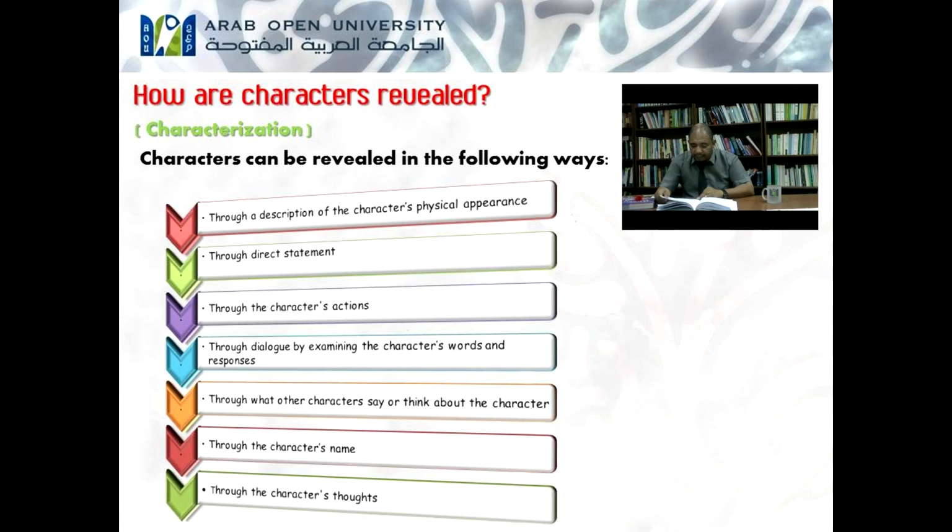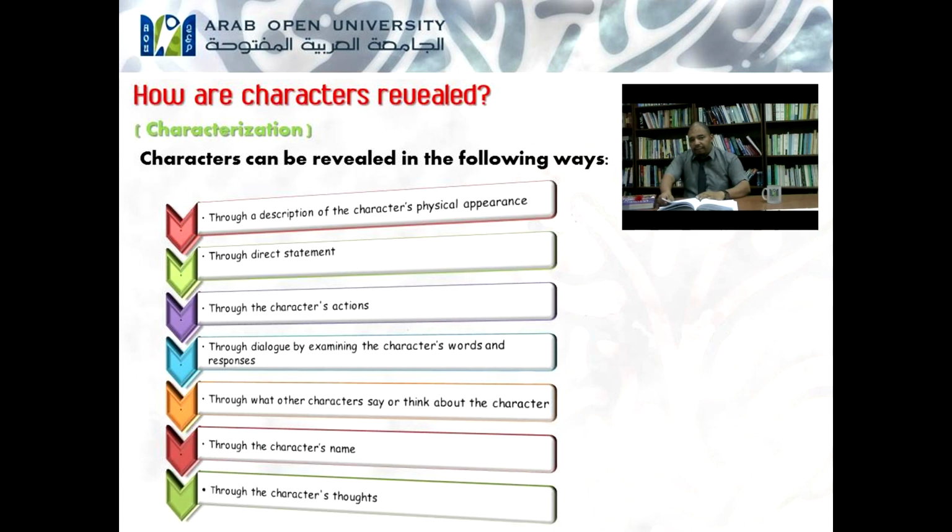Again, characters can be revealed through the character's name or the lack thereof, right? If you have a name, it can have significance. So what happens if you don't have a name? This is also very significant, and it can tell you a great deal about the character. Think of the nameless man in Jack London's To Build a Fire.